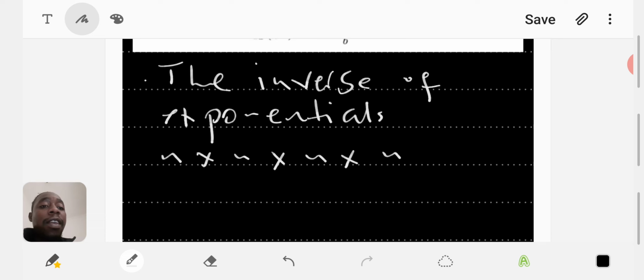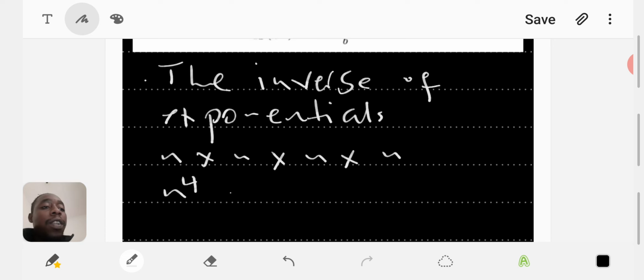So basically, we make it in simple terms to say n to the power of 4. We have four n's there, to the power of 4. This is an exponential. So that's simply what it is.